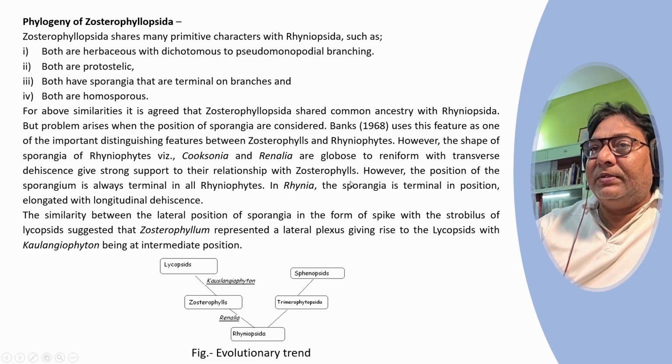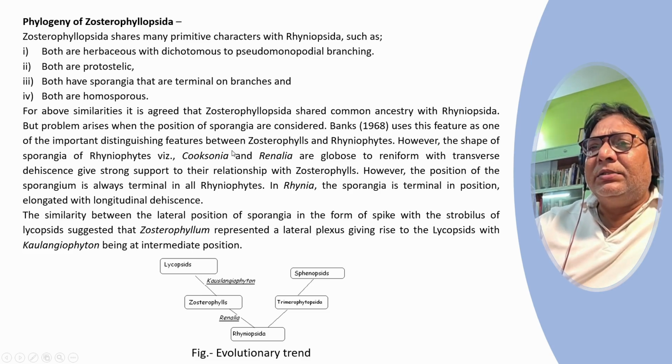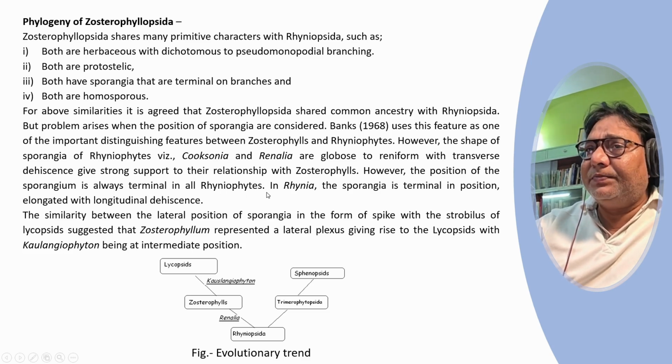We have not talked about Renalia, but Cooksonia I showed you in a diagram; its sporangia are similar to the Zosterophylls. However, the position of the sporangium is always terminal in all Rhyniophytes, whereas in Zosterophylls it is lateral.